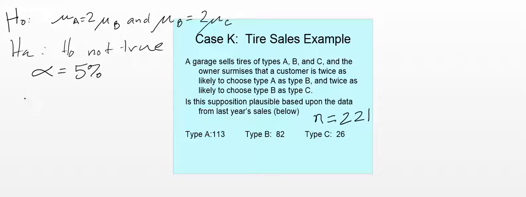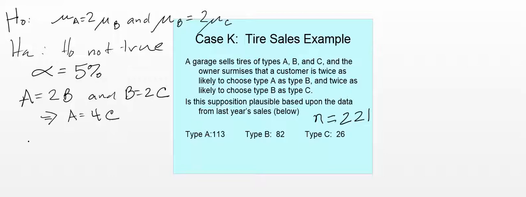To get that, we would say that A is equal to 2 times B, and B is equal to 2 times C, but because of that relationship, we also would be able to determine that A would be equal to 4 times C. So we know that the amount that we sell for A plus B plus the amount we'd expect to sell for C would have to sum up to 221.